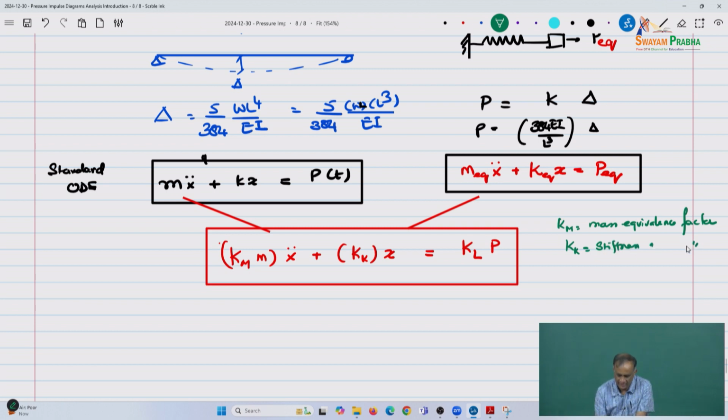In this example the stiffness equivalence is, suppose, 384 by 5, I forgot that.